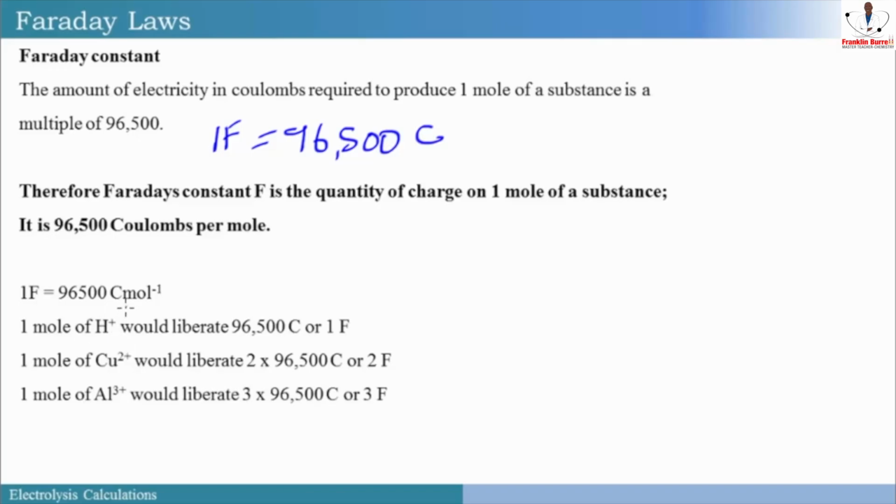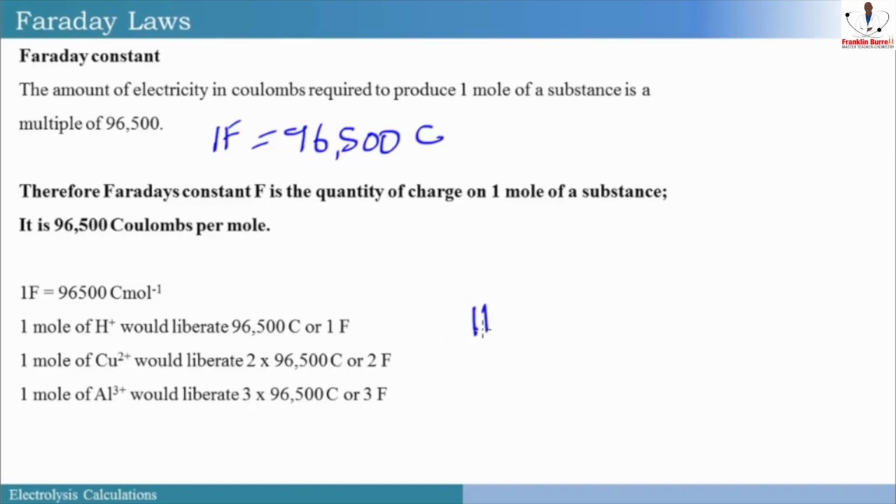So here we have now 1 mole of a substance. In this case, it is 1 mole of hydrogen ion. And that would liberate 1 mole of electron, which means that if it liberates 1 mole of electron, then the charge is 96500. So it is very important to know and write the half equations.